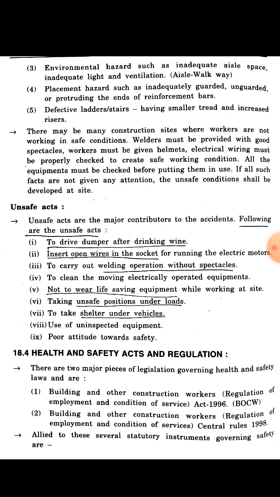Seventh is to take shelter under a vehicle, eighth is to use uninspected equipment, and ninth is a poor attitude towards safety. So these are the list of unsafe acts.